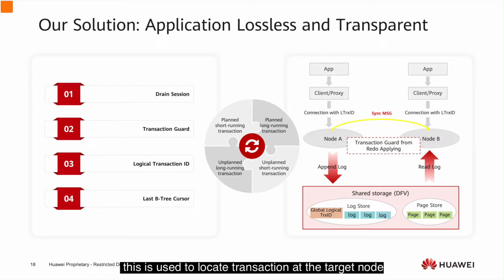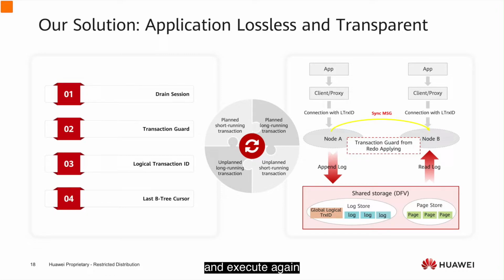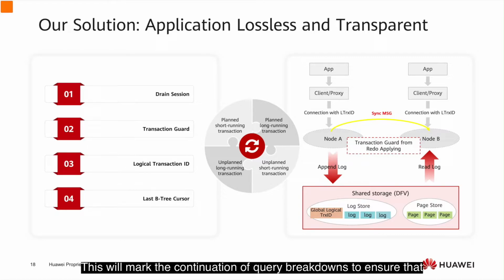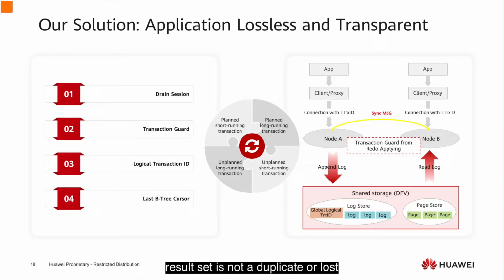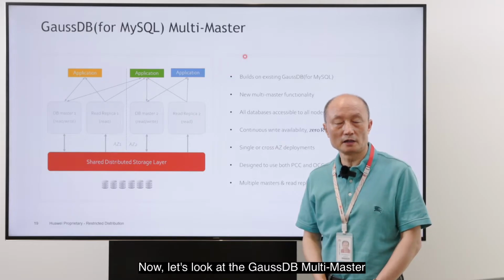This is used to locate the transaction at the target node and execute it again. The last one is the last bit cursor. This one marks the continuation of query breakdowns to ensure that the result set is not duplicated or lost, no more, no less.